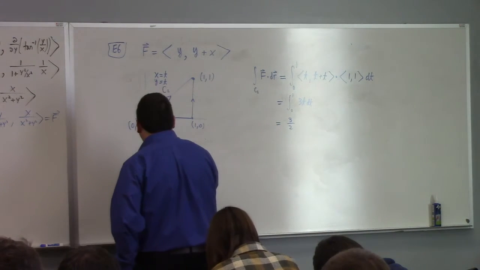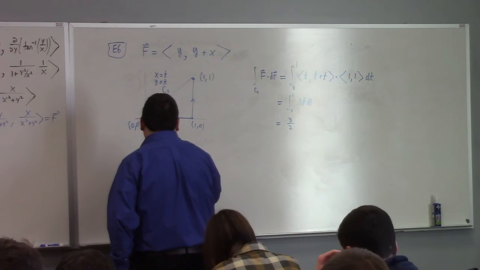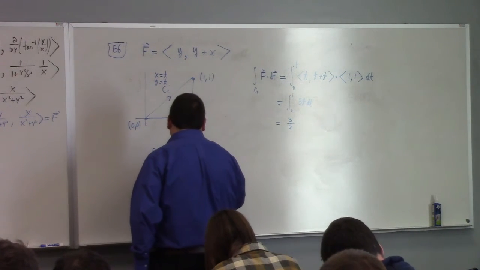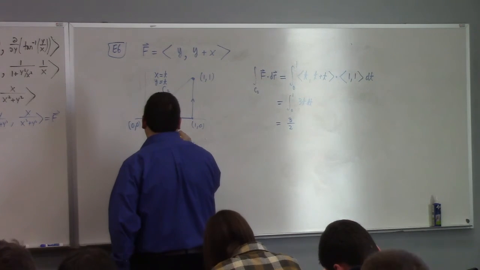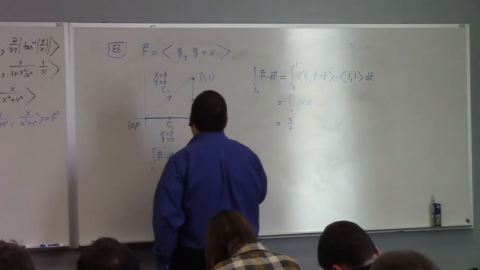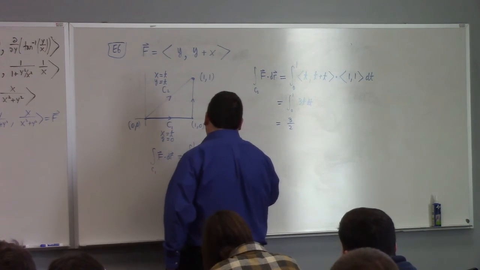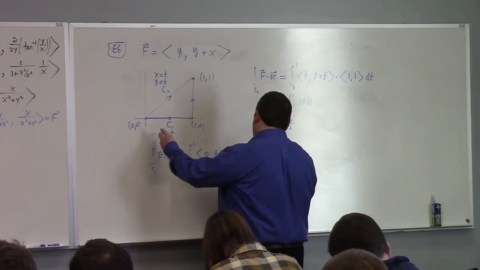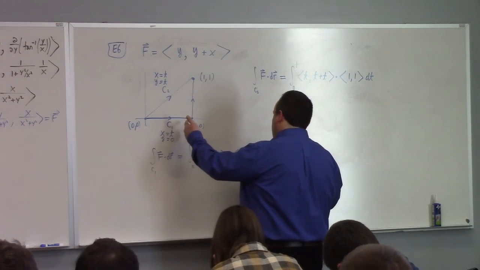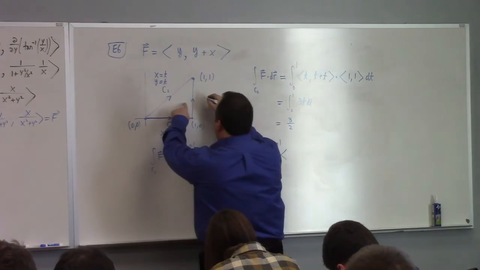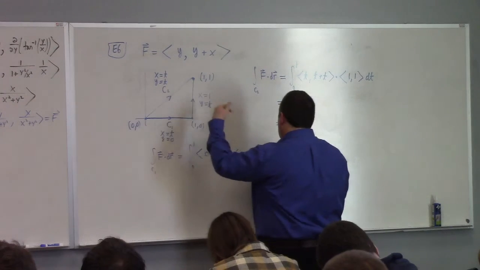On the other hand, the work along C1 would be the integral from 0 to 1. C1 first is x equals t, y equals 0, so we have (0, t) dotted with (1, 0) dt, plus the integral from 0 to 1 of this guy over here, where x equals 1, y equals t, again 0 less than t less than 1.